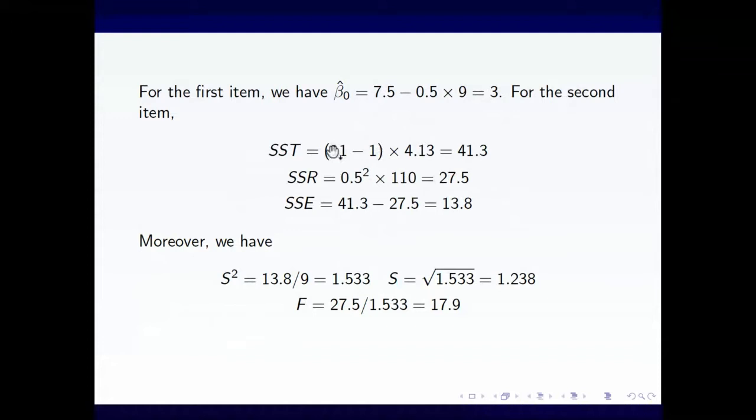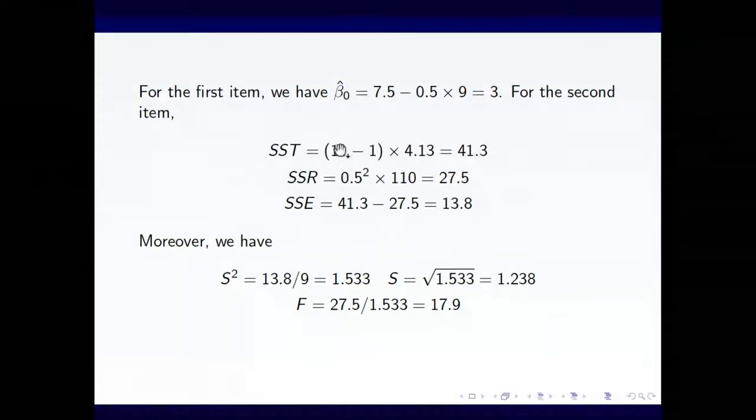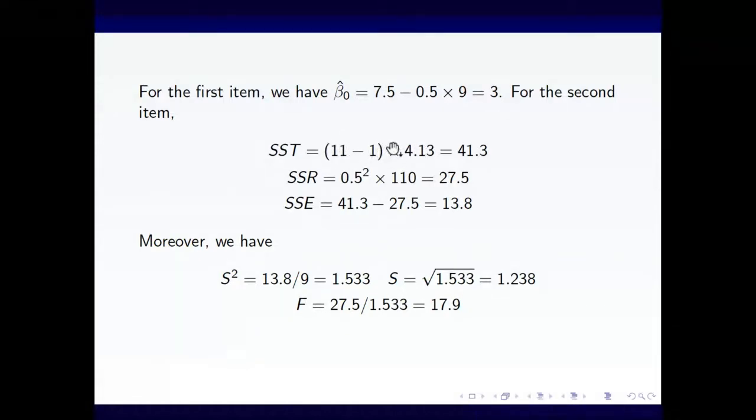For the second item, you can calculate that SST is 11 minus 1 times 4.13. This 4.13 is the sample variance of y, times 11 minus 1, which is 10, so we get 41.